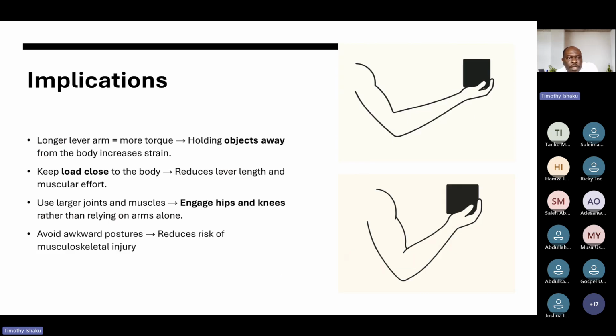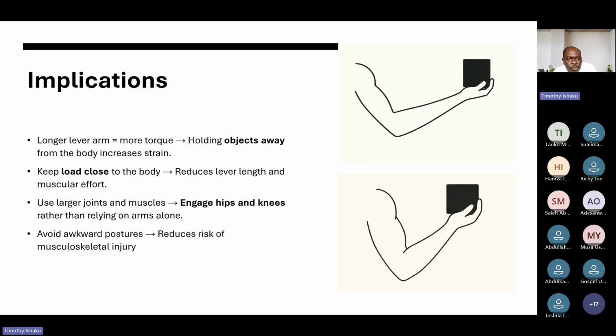So the implications, in relation to what we considered earlier in terms of factors that contribute to MSK injury, is that we said bending is because we are reaching out across an object because it's far from us. Wherever possible, try to bring your body close to the object you are moving.